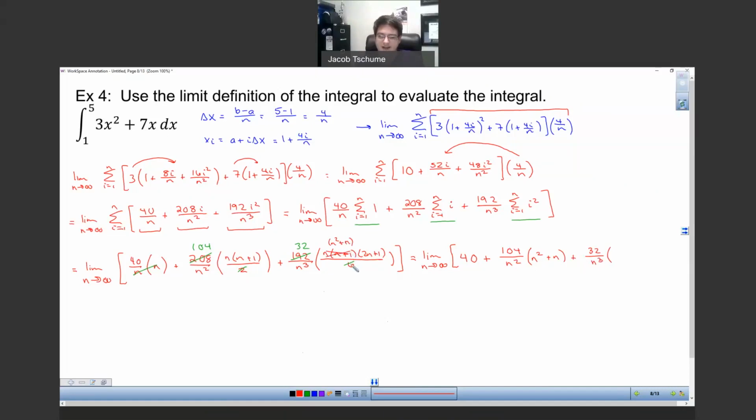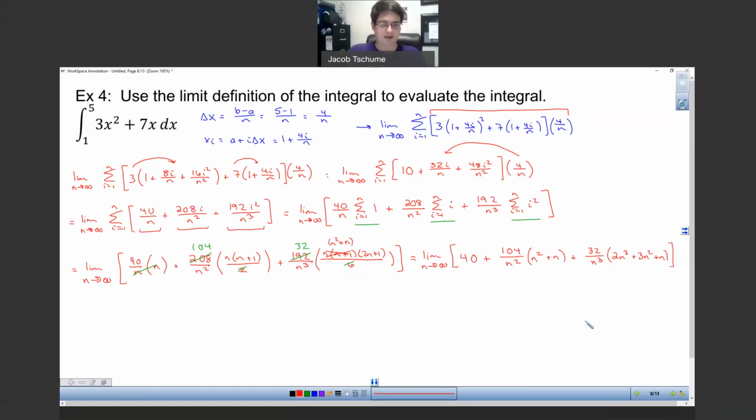And then if I FOIL that, it would be 2n cubed plus 3n squared plus n. I'm doing a little mental math here, but y'all should be able to FOIL all that together.